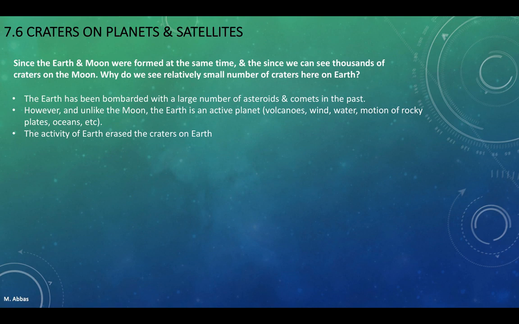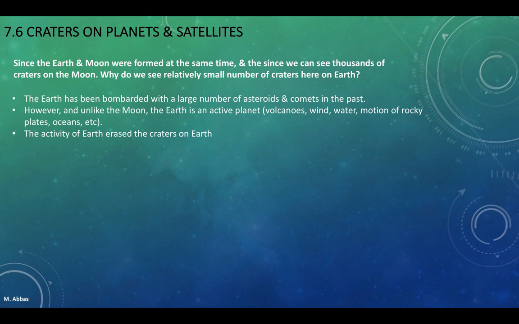Because it's not active. As for the Earth, we cannot see many craters on Earth, but Earth had so many craters before. But because it has volcanoes, because it has rain, activity, atmosphere, storms, tornadoes, and so on, trees, life, all of this, because it has activities, those craters have been covered up.